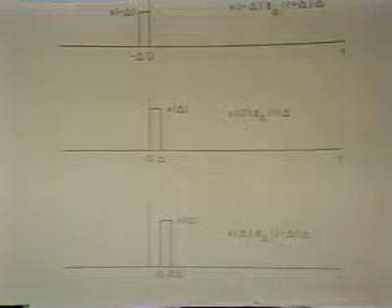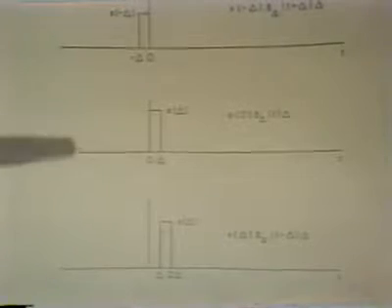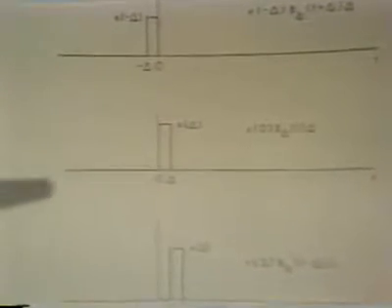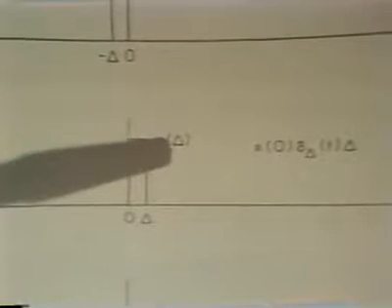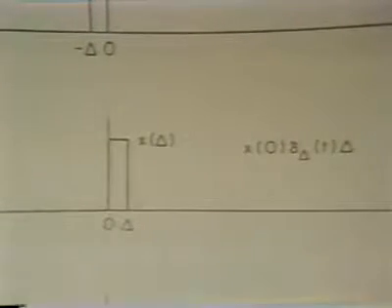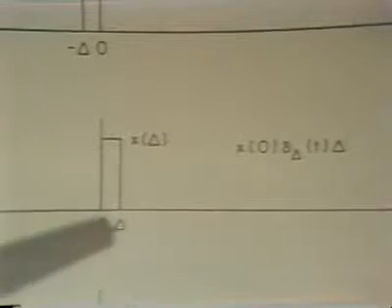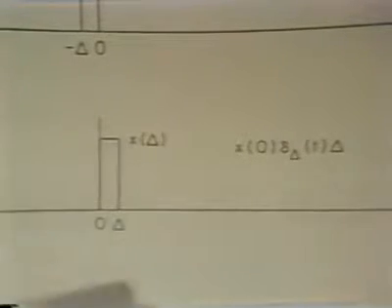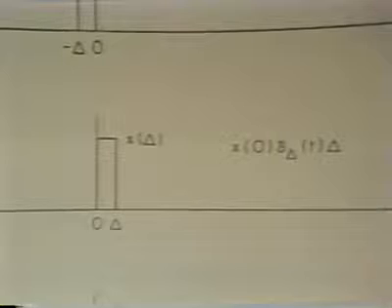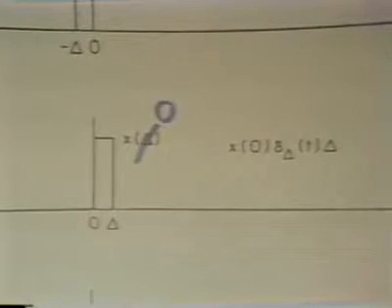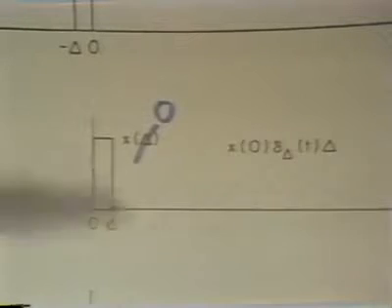Now let's look specifically at the rectangle starting at 0 and ending at delta. And the amplitude of it is x of delta. And so what we have, actually this should be x of 0. And so let me just correct that here. That's x of 0. And so we have a rectangle of height x of 0.